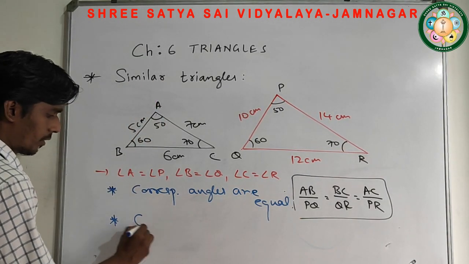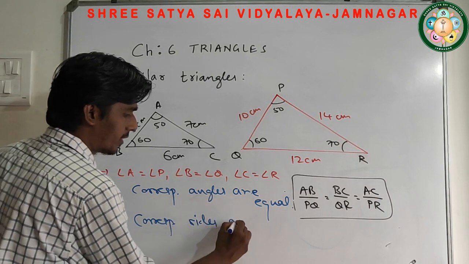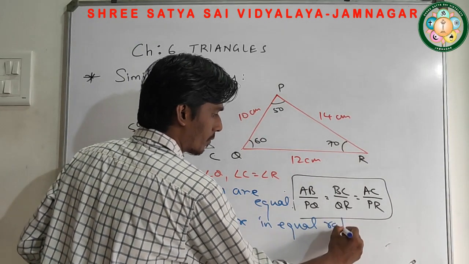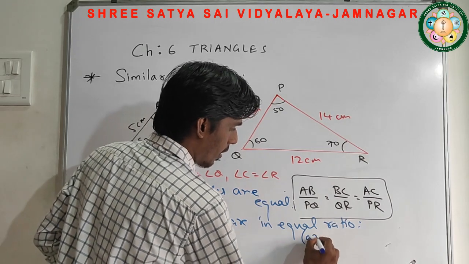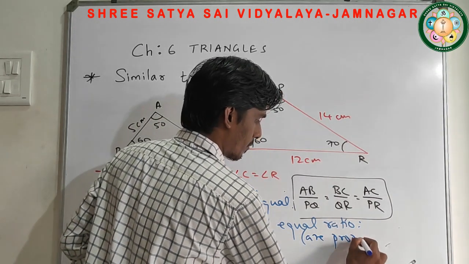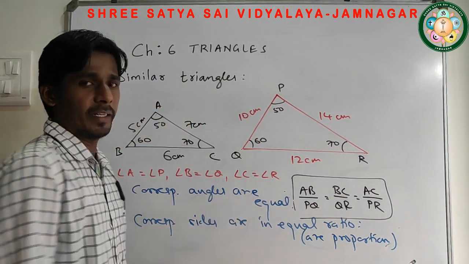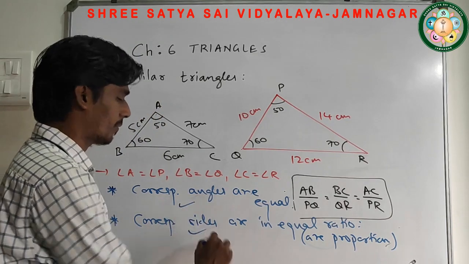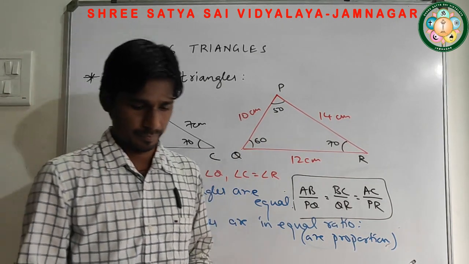And one more thing: corresponding sides are in equal ratio, or we can say, are in proportion. So if the corresponding sides are in proportion, then by these two conditions, we can say the given pair of triangles are similar.